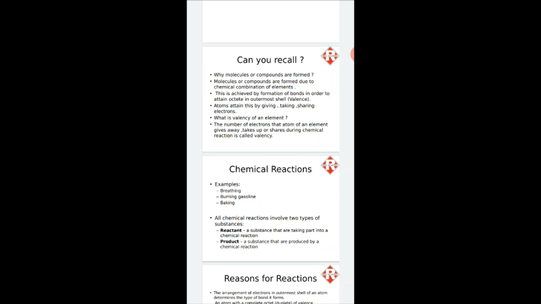The electrons in the outermost orbit are known as valence electrons. According to that, to complete the duplet, meaning 2, or complete the octet state, meaning 8, some atoms donate, gain or share electrons. This number is called valency.